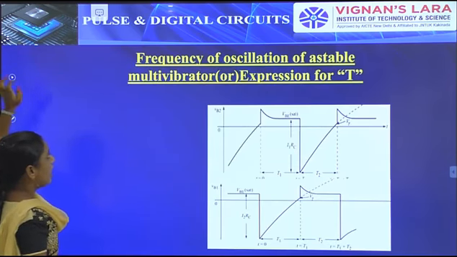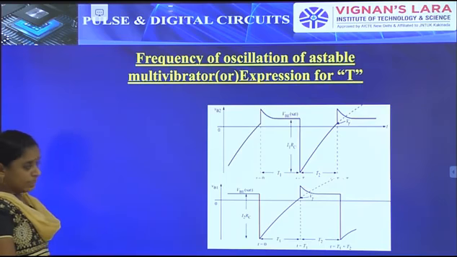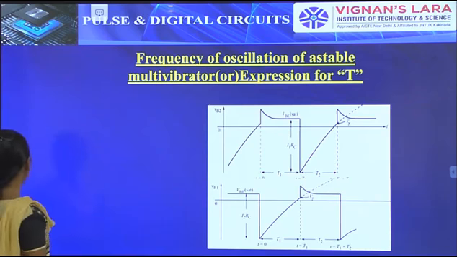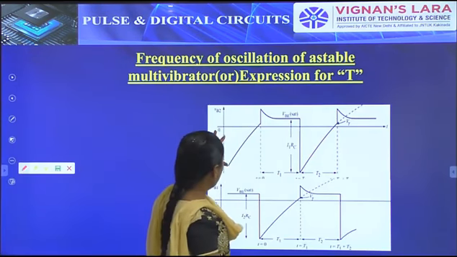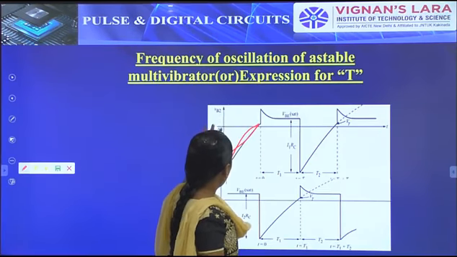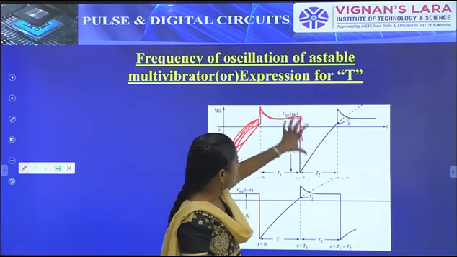So let us check the frequency of oscillations of the astable multivibrator. Simply, we have to say what the frequency of oscillations is. At this particular time, transistor Q2 goes to off condition. So it gradually increases to VBE saturation.